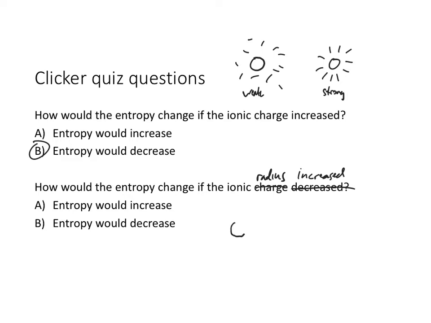So now we ask, if we have the same charge, but we have ions of two different sizes, the effect this is going to have is the smaller radius is going to allow the solvent molecules to get closer to that ion, whereas out here, they're going to be far enough away that the force imposed on them is not going to be so strong. So actually increasing the radius is going to increase the entropy.